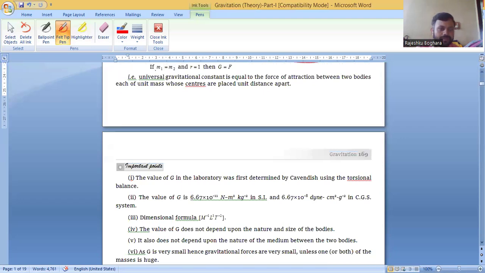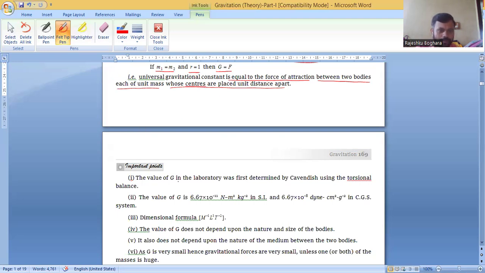If M1 equal to M2 equal to 1 and R equal to 1, then G equal to F. So universal gravitational constant is equal to the force of attraction between two bodies, each of unit mass, whose centers are placed unit distance apart. So we define here G.